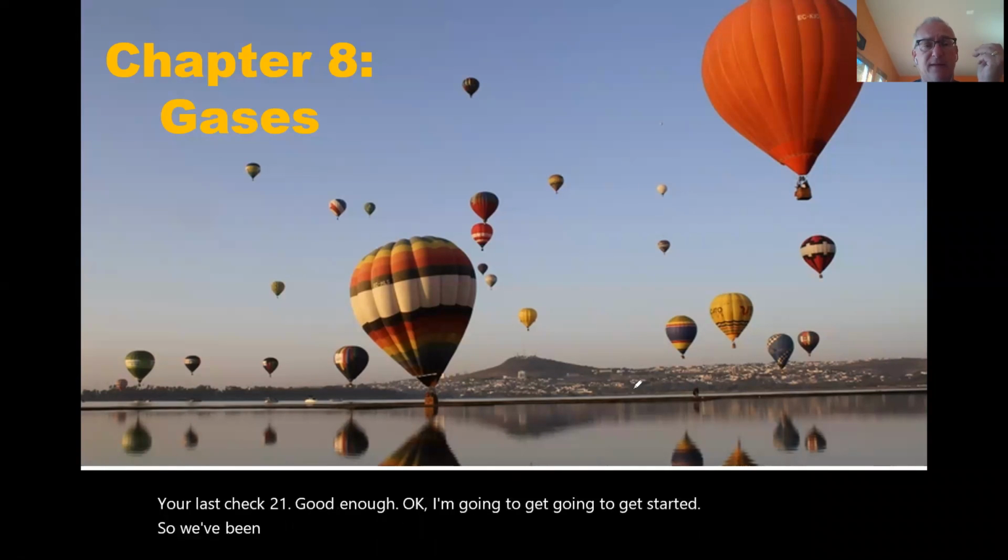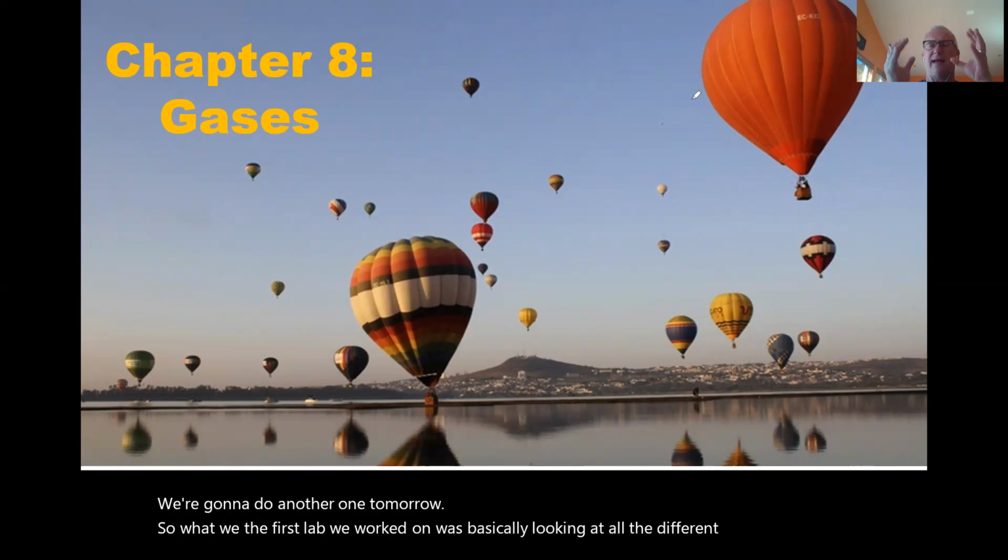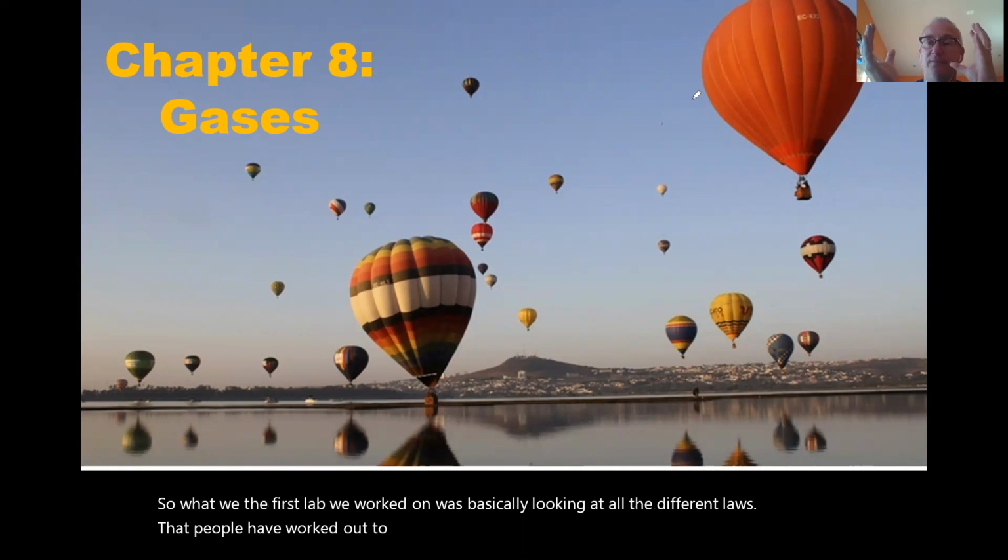Doing some labs on gases. We're going to do another one tomorrow. So the first lab we worked on was basically looking at all the different laws that people have worked out to describe the relationship between one way we measure gases to another way we measure gases.